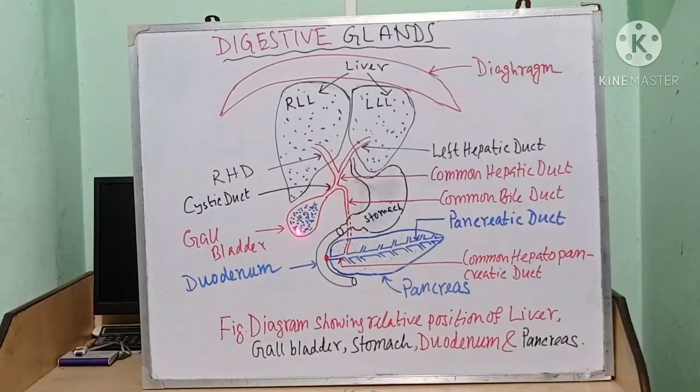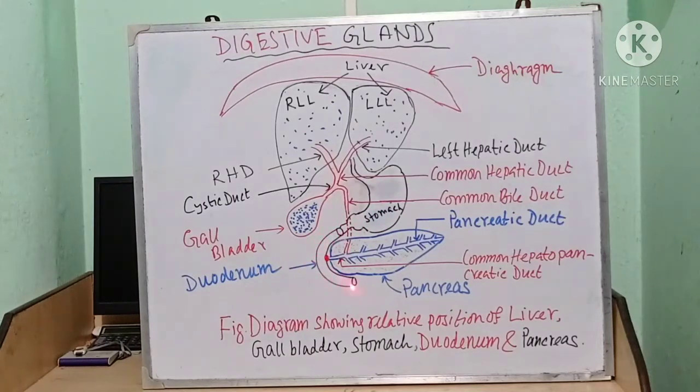Now, what is the function of this bile? First, neutralization. We know chyme is produced within the stomach. It is acidic in nature, and chyme from the stomach enters into the duodenum.